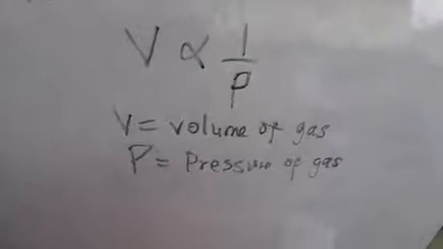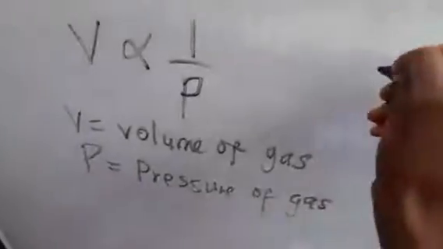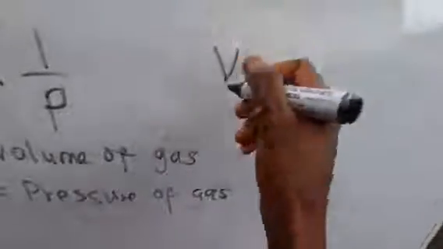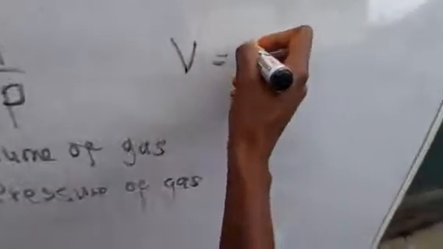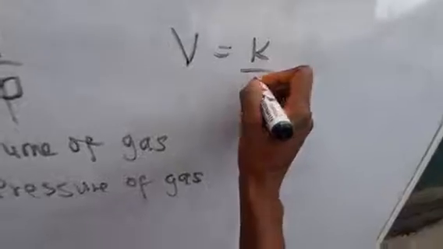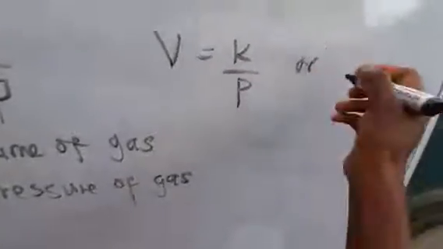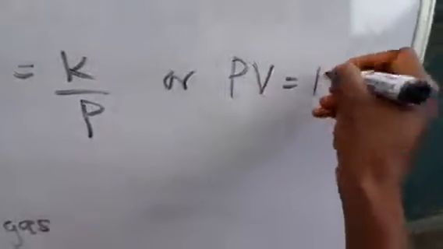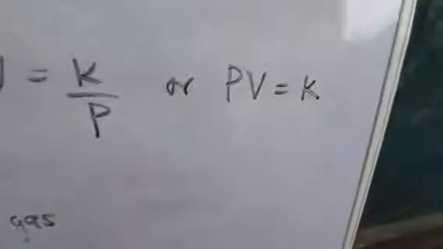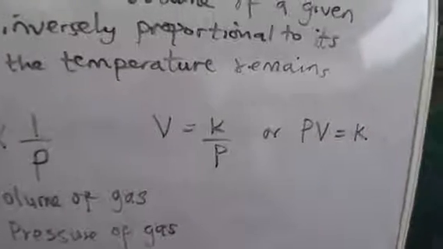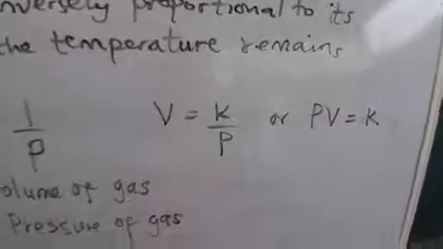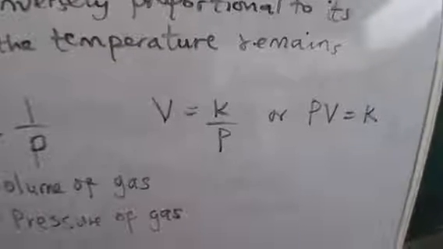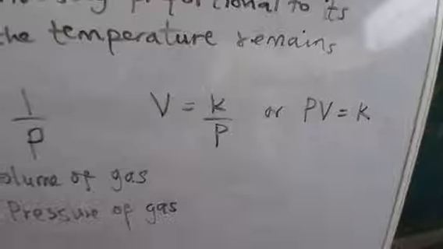Now, mathematically, we can state that by introducing our constants, V equals K over P, or PV equals K. This means that for a given mass of gas, the product of its pressure and its volume is always a constant.